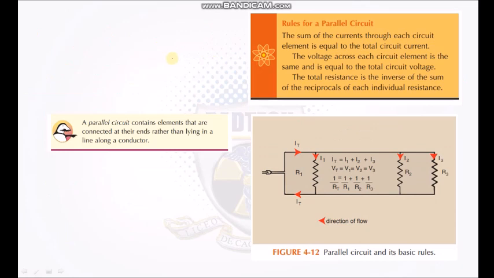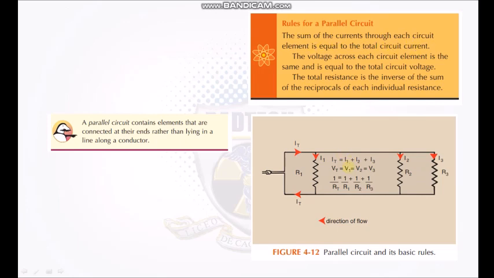Okay, so next we have the parallel rules for parallel circuit. The parallel circuit contains elements that are connected at their ends rather than lying in a line along the same conductor. Rules for parallel circuit: the sum of the currents through each circuit element is equal to the total circuit current.